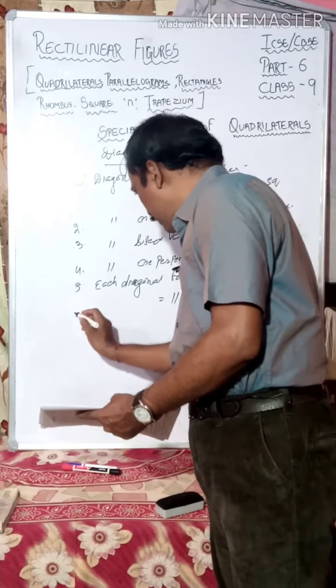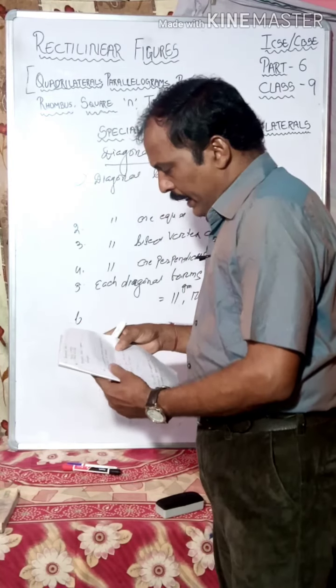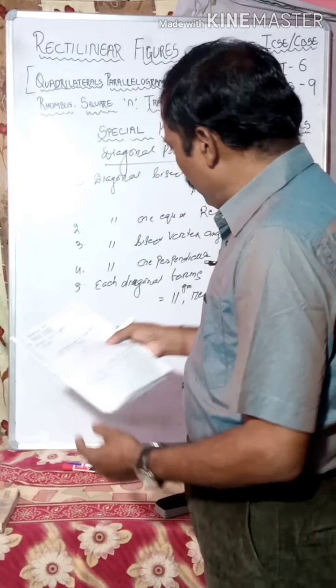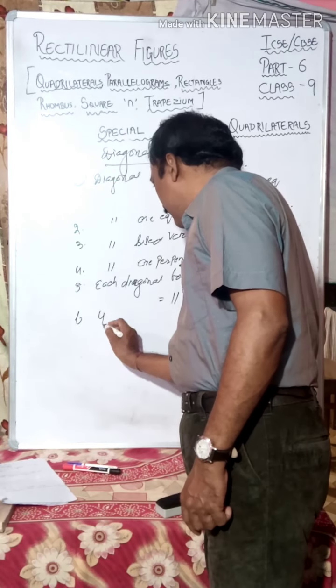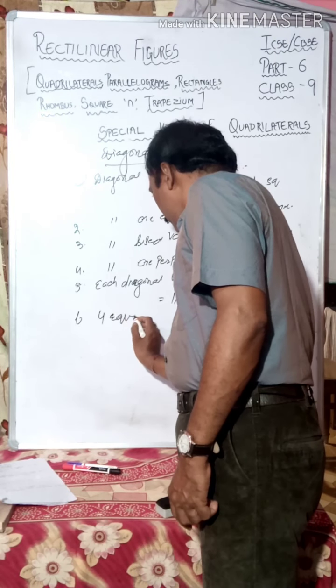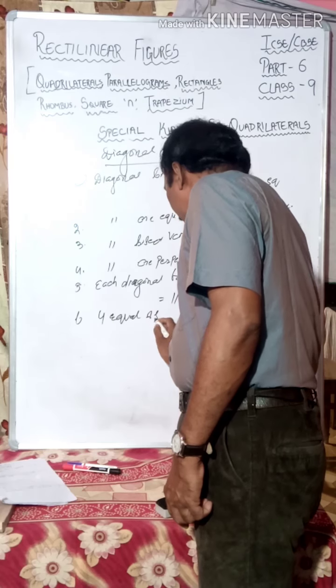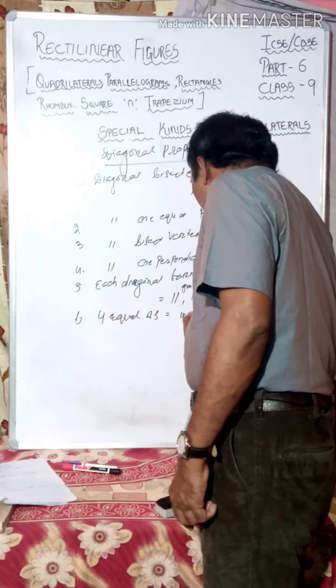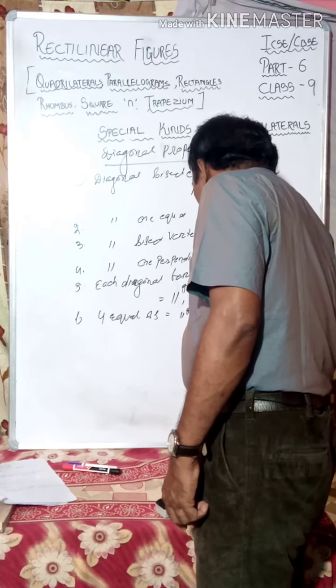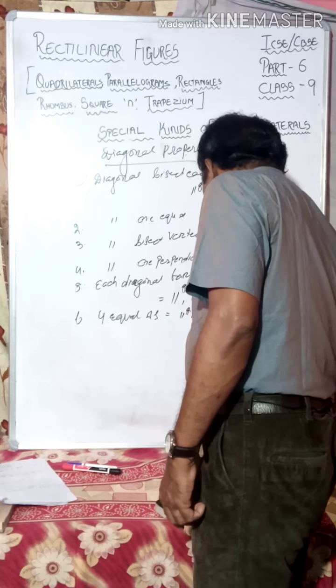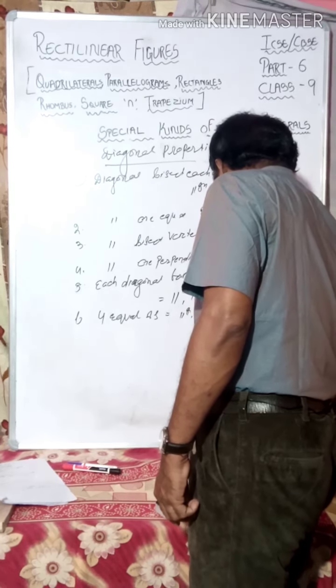Then number 6, diagonals form four equal triangles: parallelogram, rectangle, rhombus, square.